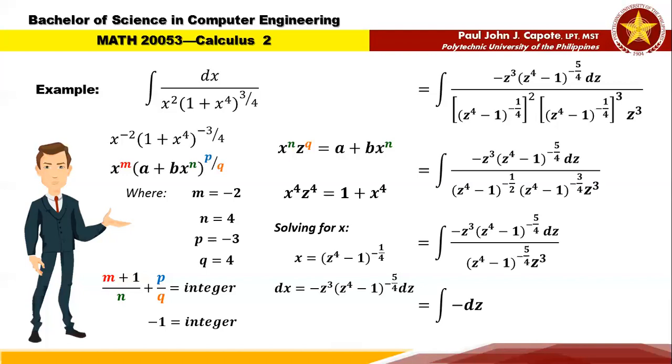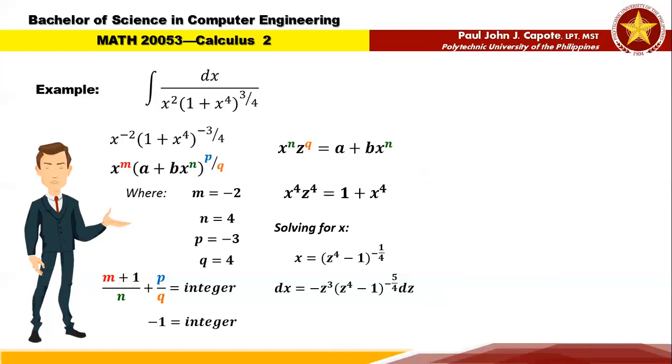And so we arrive at this transformed integrand in its simplest form. So we have the integral of negative dz. And the integral of negative dz is equal to negative z plus c.